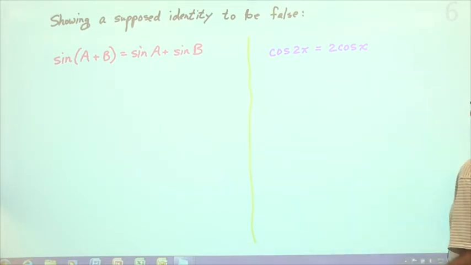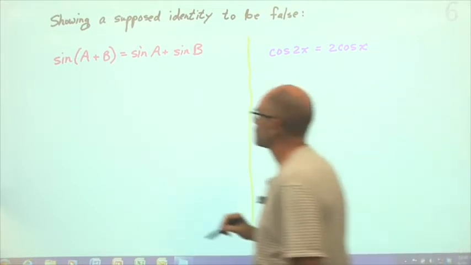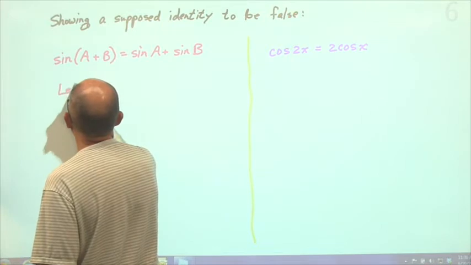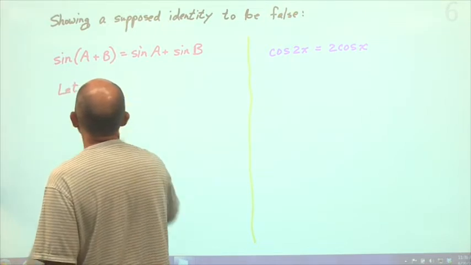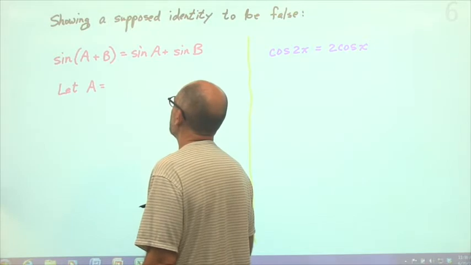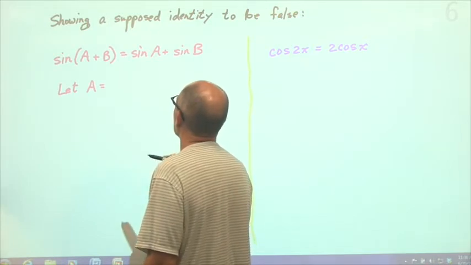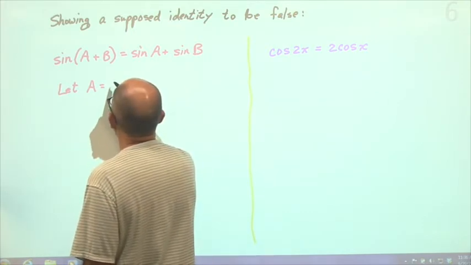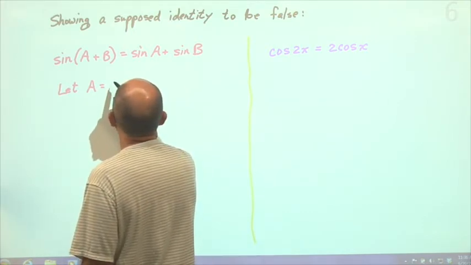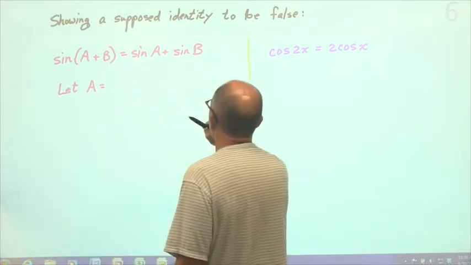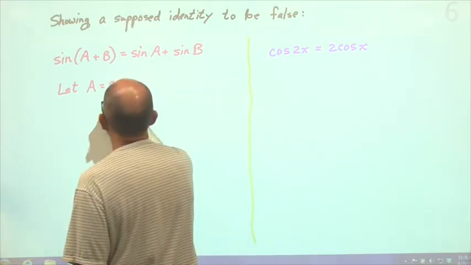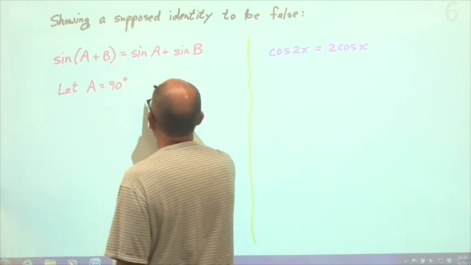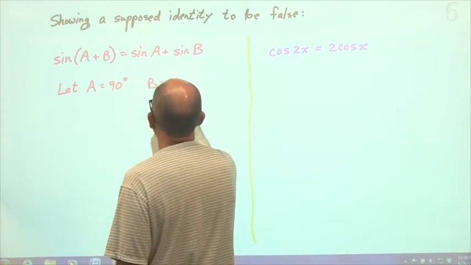So, let's just let A equal, let's see, what can we let? Yeah, let's let A equal 90 degrees, and let B equal 45 degrees.